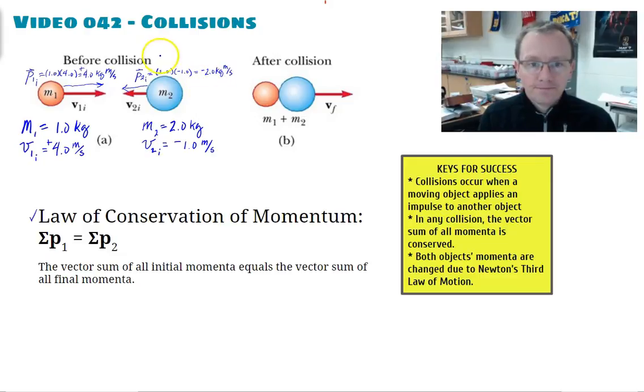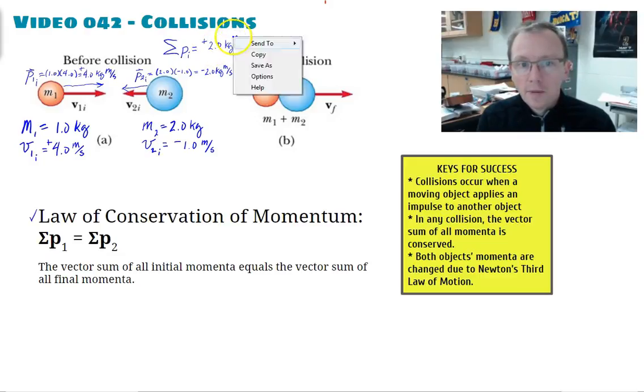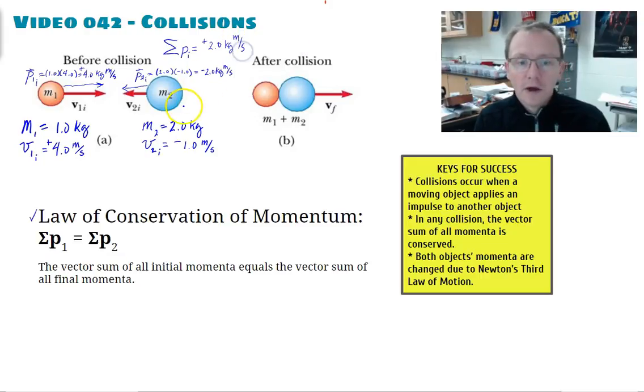The sum, which I'm going to write as a sigma here, the sum of all the initial momenta must be positive 2 kilogram meters per second. The positive indicates that it's still to the right, and the 2 gives us some numerical value for it.